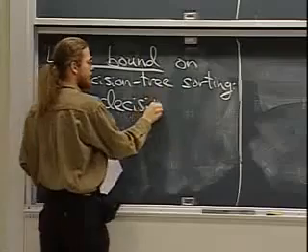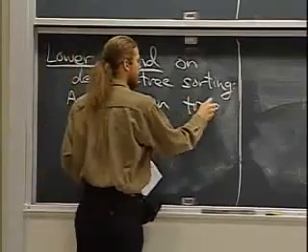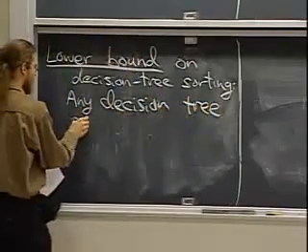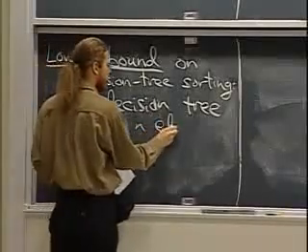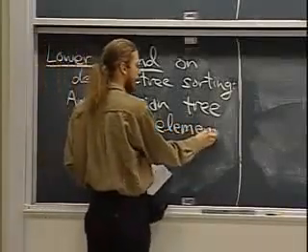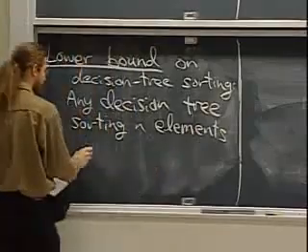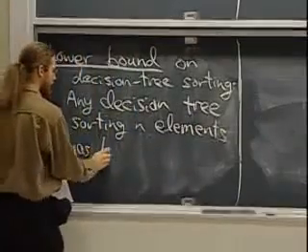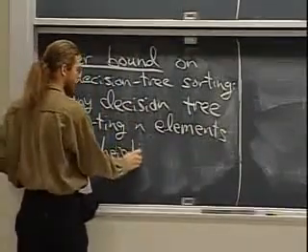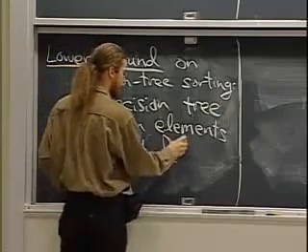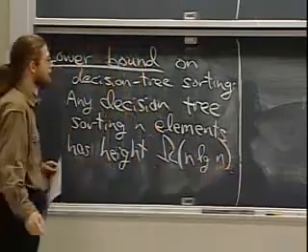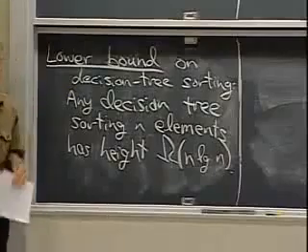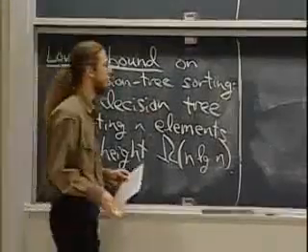And the lower bound says that if you have any decision tree that sorts n elements, then its height has to be at least n log n, up to constant factors. So that's the theorem. Now we're going to prove the theorem.